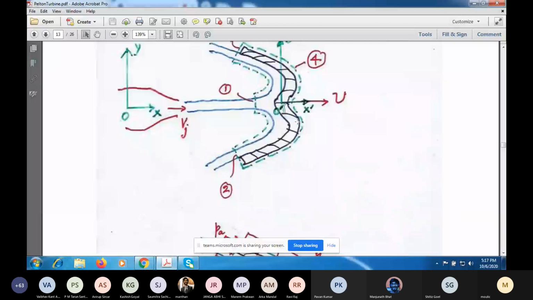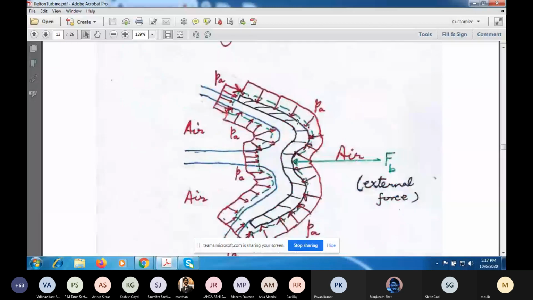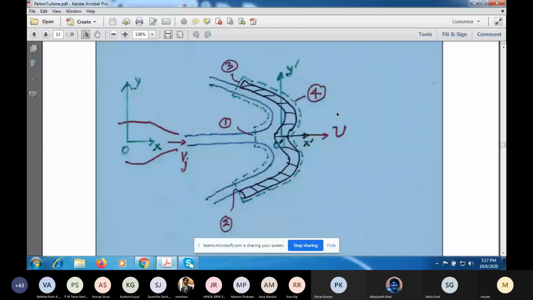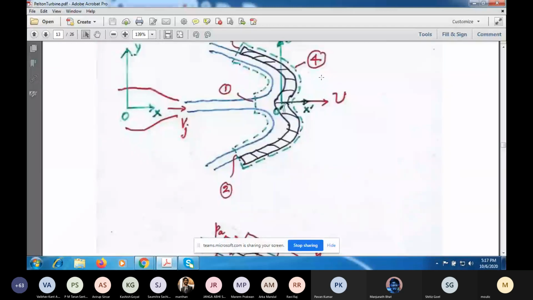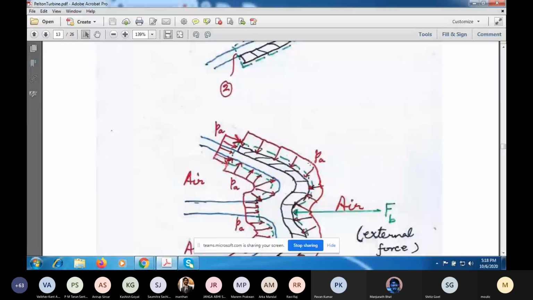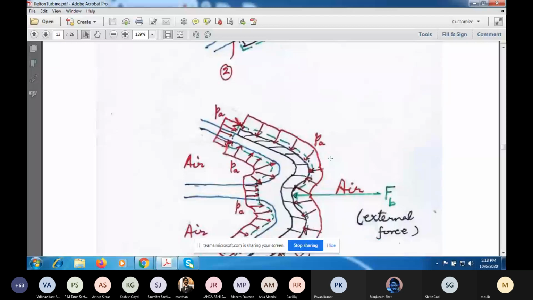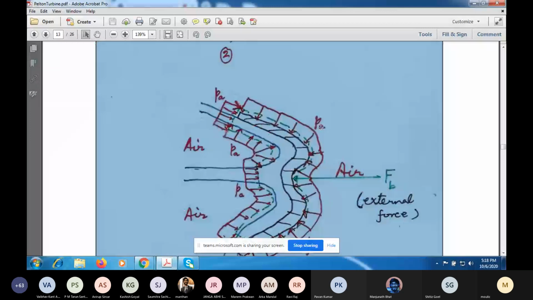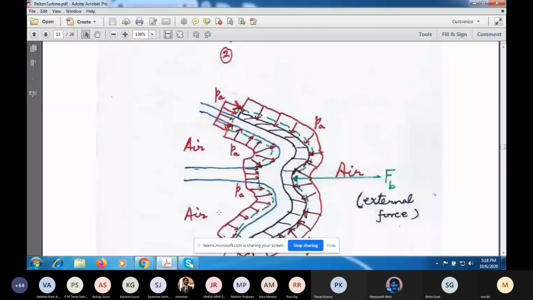I've just shown the distributed force due to pressure. So you see that on the right, right of the vane or bucket, the pressure will be atmospheric pressure because it's exposed to the atmosphere. Here I have not written P_atm, because writing P_atm all the time will make it cumbersome. So I have simply written P_a is the same as P_atm. So you have air on this side, air on this side, and air on this side.